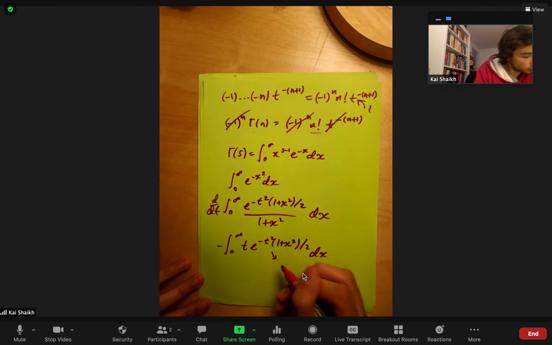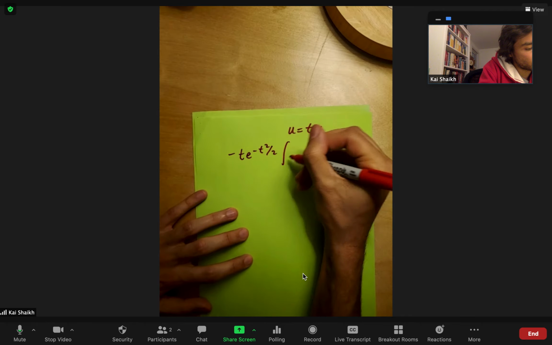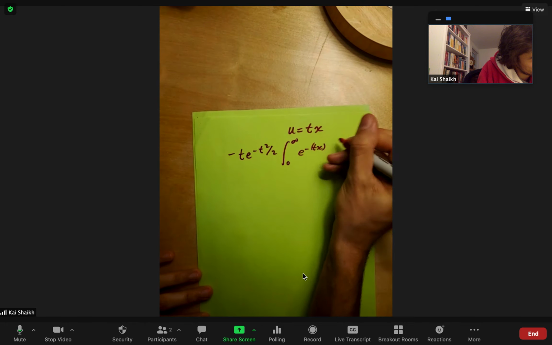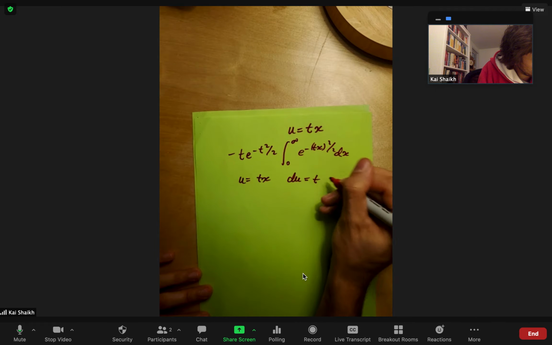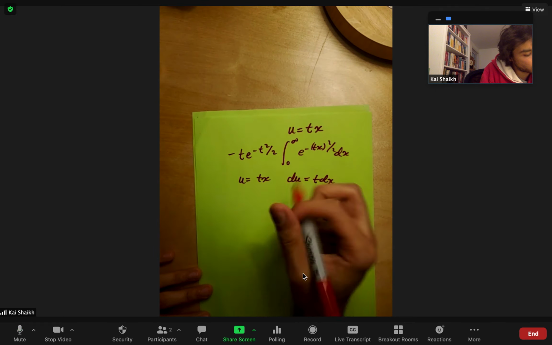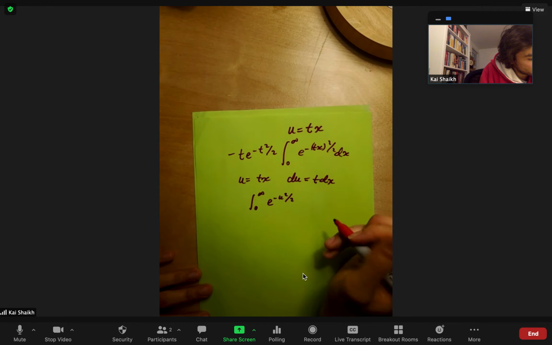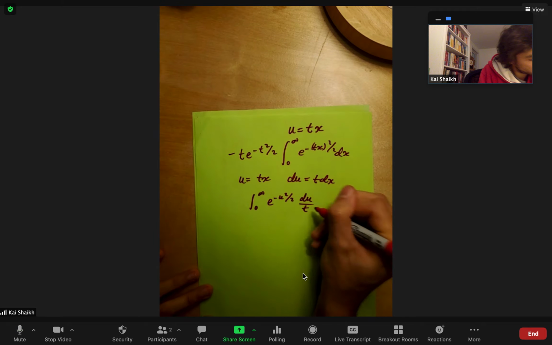And what we'll notice is that we can get this by a change of variables. So we'll set u equal to tx, so that du equals t dx, and this allows us to transform this integral to the integral from 0 to infinity of e^(-u²/2). So dx is du over t, right?